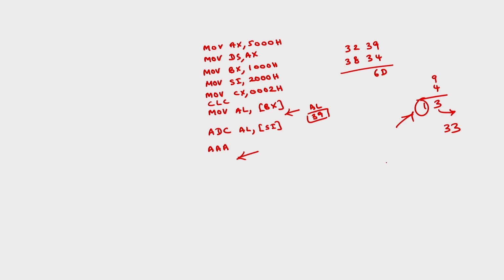I will repeat that again, that AAA instruction. If I add 2 ASCII numbers, say 32 plus 35, I am taking here an example without carry, so that it will be clear.